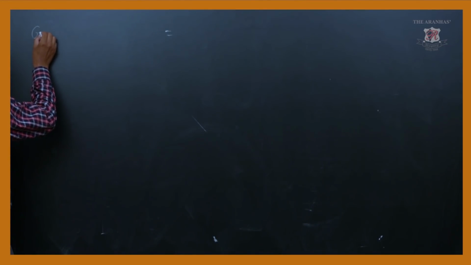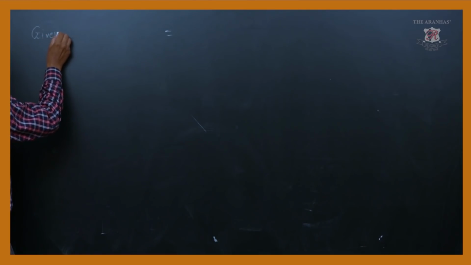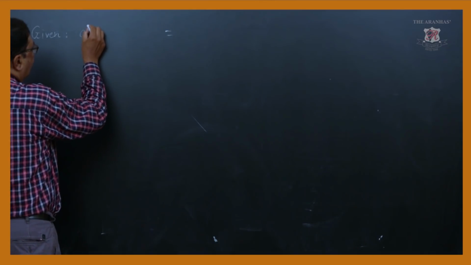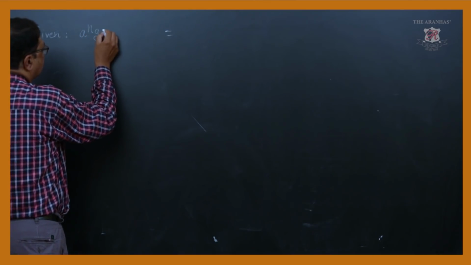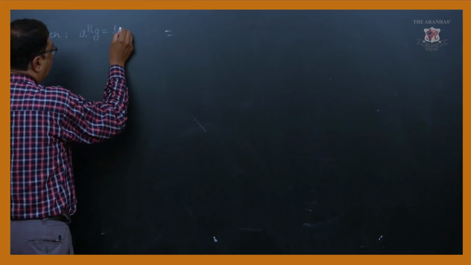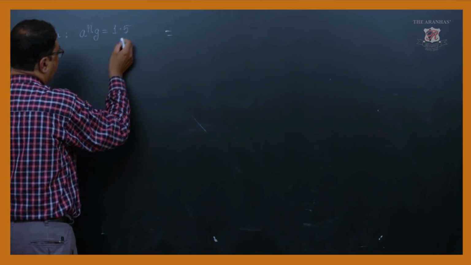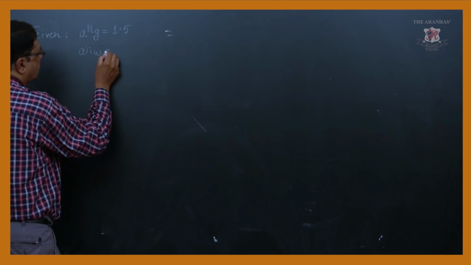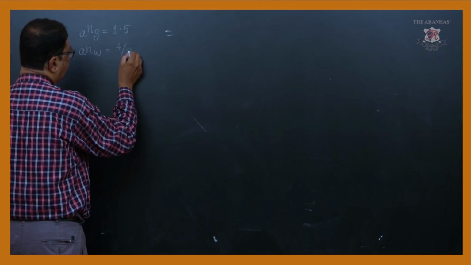What was given, I am writing again. Refractive index of glass with respect to air, or absolute refractive index, is 3/2. Refractive index of water was given as 4/3.